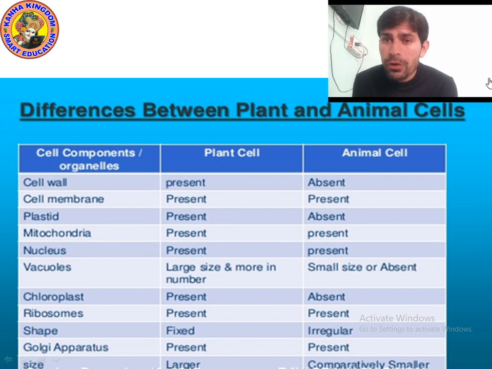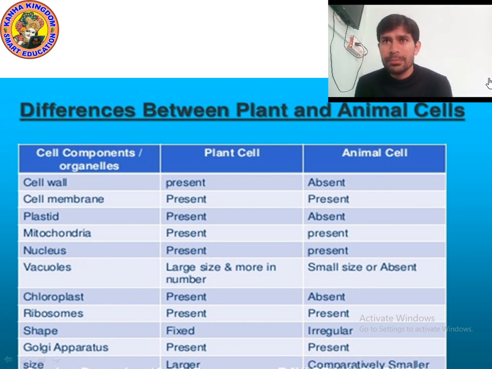Cell wall is present in plant cell, absent in animal cell. Plastid is present in plant cell, absent in animal cell. Vacuole is large in plant cell or there are more in number, and in animal cell it is absent or smaller.